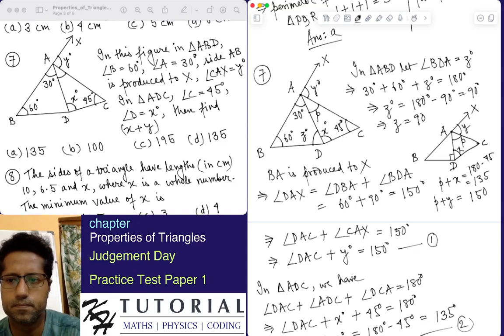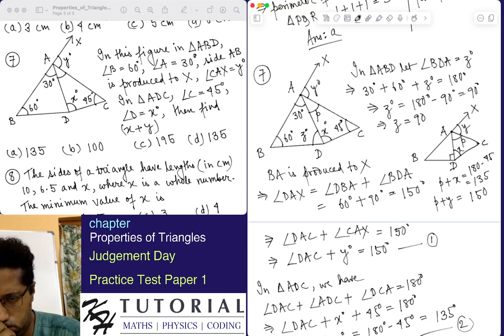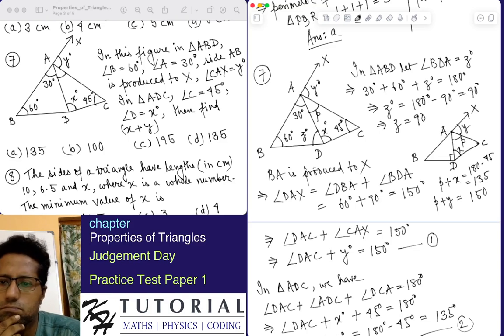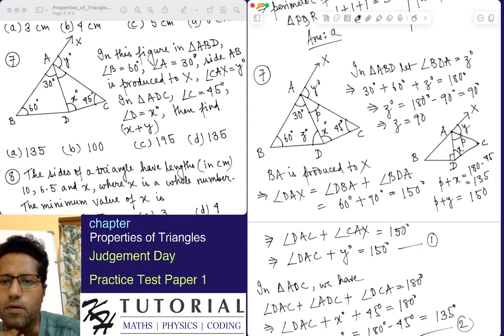Y. We need X plus Y. We have found Z 90.